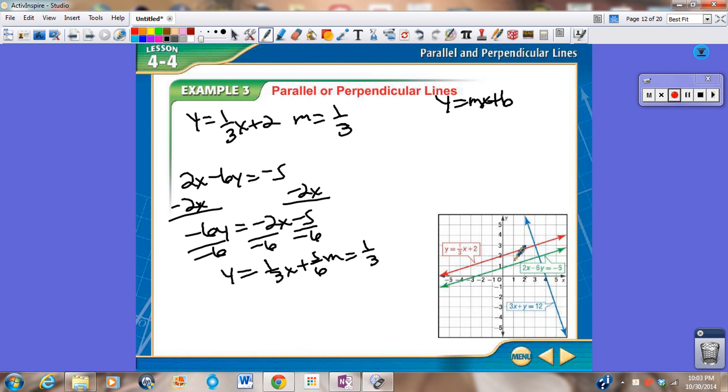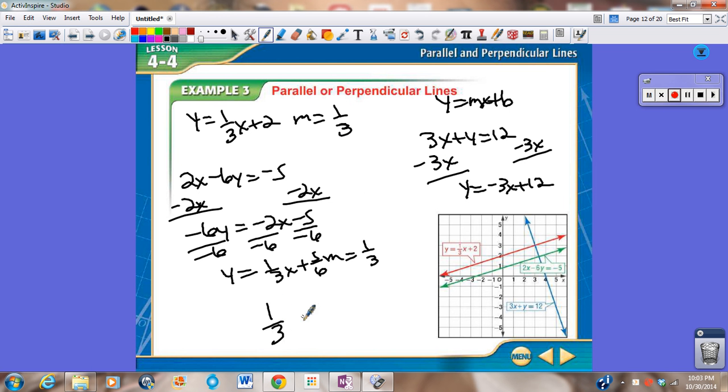Now look at the third one, and we're going to do the same thing. You have 3x plus y equals 12. I'm going to subtract 3x from both sides. Remember, I always write the x first, so y equals negative 3x plus 12. Now this one has a slope of negative 3. The way you go from this slope to the perpendicular one, you take the original 1/3, flip the fraction so it becomes 3/1, and then change the sign.